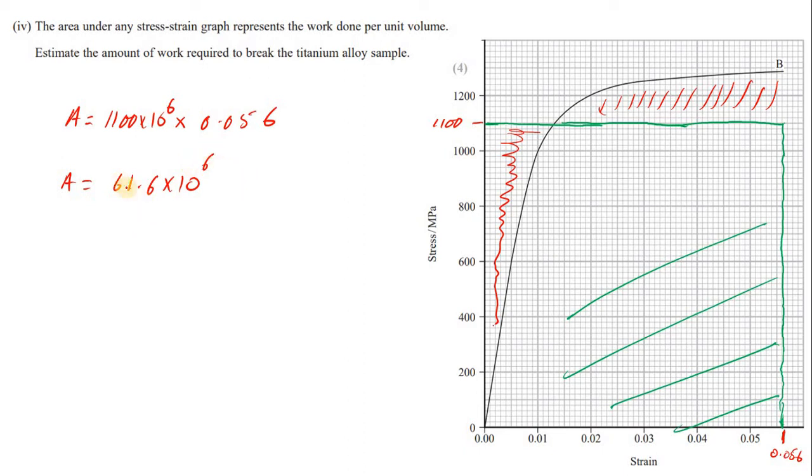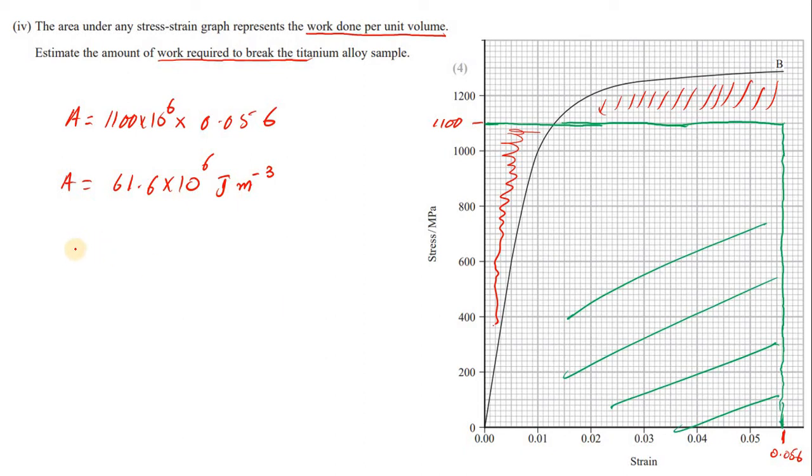Remember, this is area, which is work done per unit volume. That means joule per meter cube. But this is not the required answer, because we need to find the total work done. So how do we find the total work done on the wire? The total energy is, we multiply that work done per unit volume with the volume.